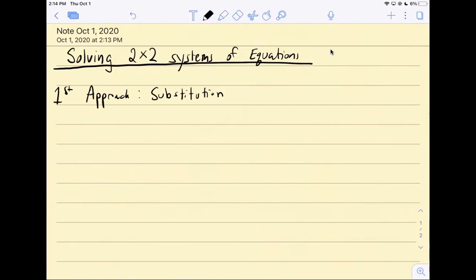So here's a set of 2 equations: x plus y equals 7, and let's say 2x plus y equals 7, and y equals 3x minus 8.